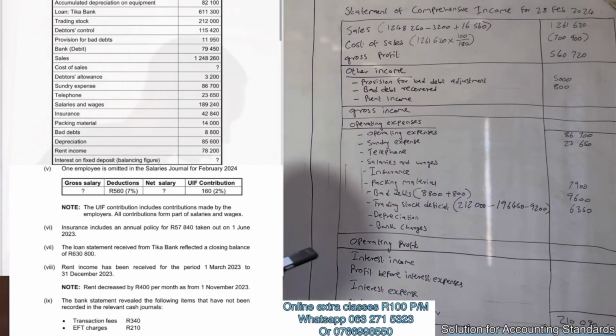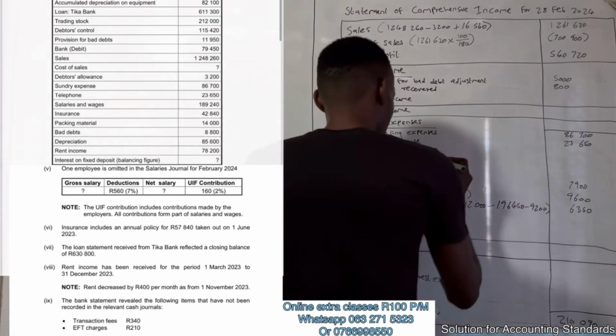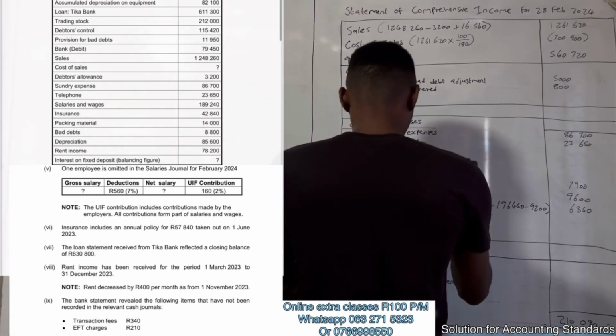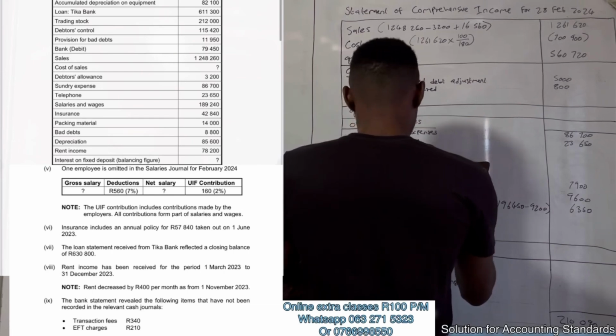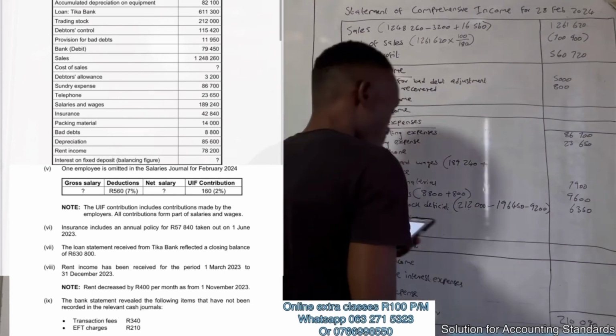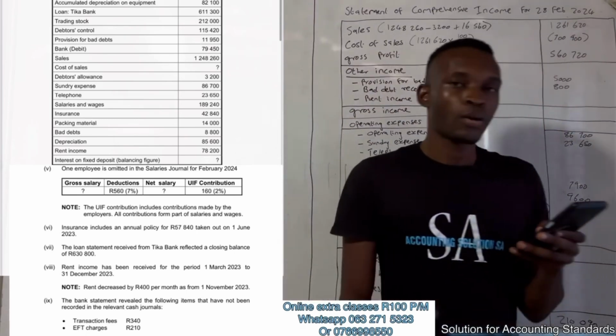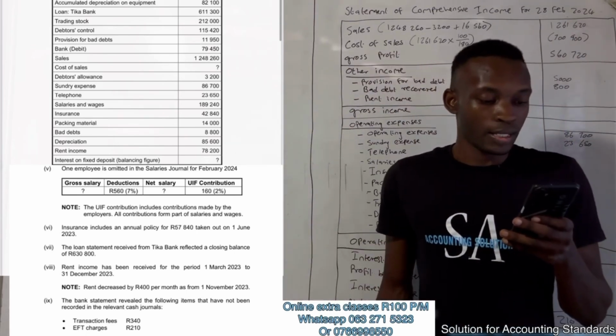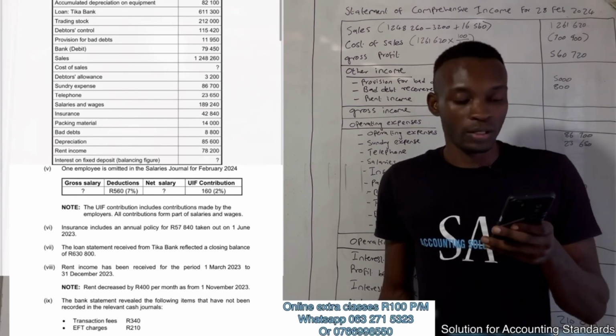Okay, at the beginning, salaries and wages was 189,240. Remember, we must add the one which was omitted. The question is, which one to add? Obviously, guys, we add the gross salary, which is not given here.